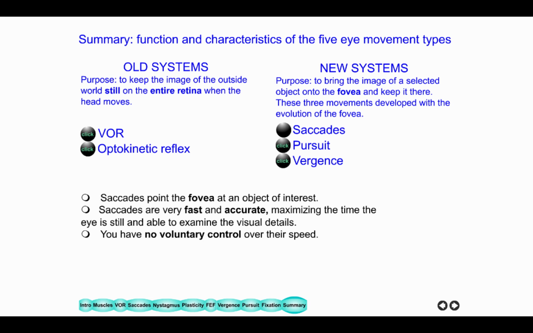Now saccades, they're part of the newer system. They point the fovea to an object of interest. They're fast and accurate, and they minimize the time that it takes for the movement, and thus maximize the time in which the eye is stable. And you can't control their speed.